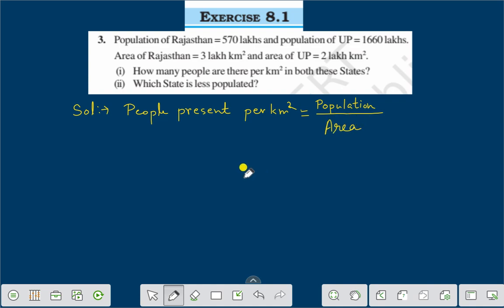Now we'll find for Rajasthan. This is question number 1.